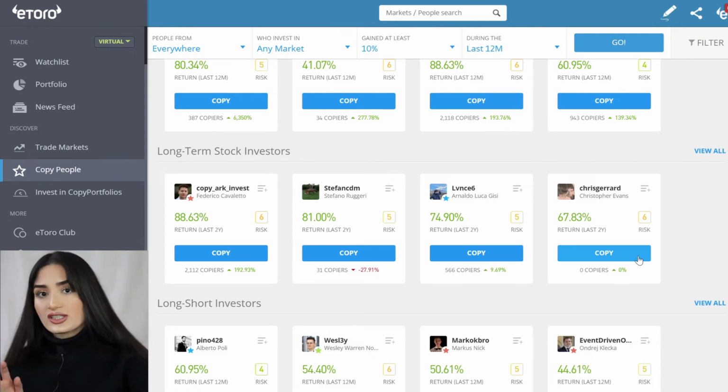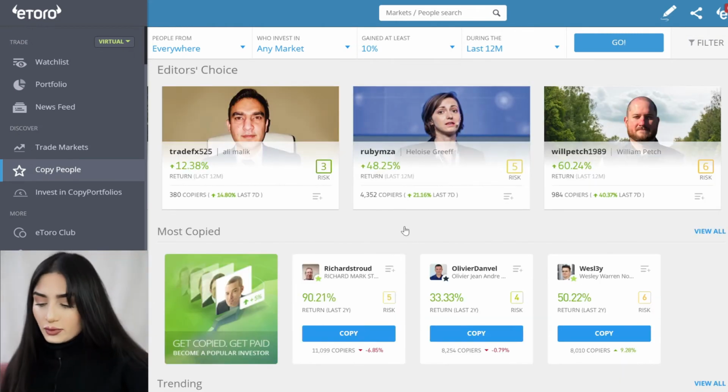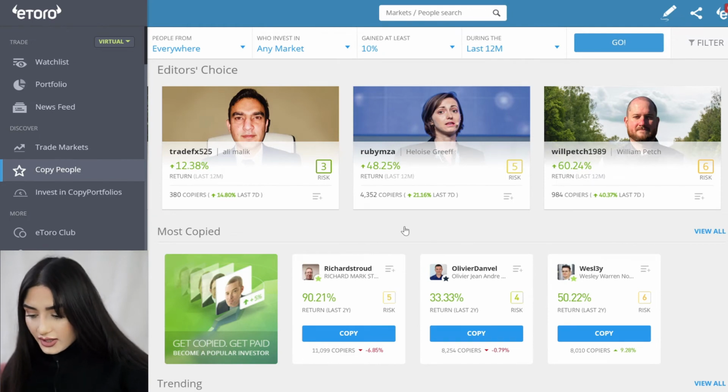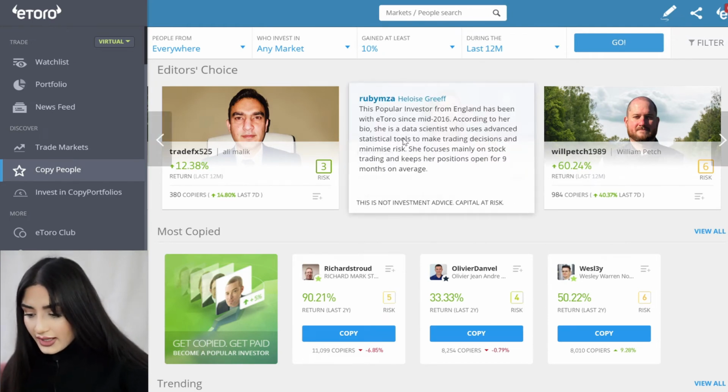A lot of them actually do say, let's look at Ruby MZA. There's a little description when you hover, and it says she's a data scientist who uses advanced statistical tools to make trading decisions and minimize risk. She mainly focuses on stock trading and keeping her positions open for 9 months on average.